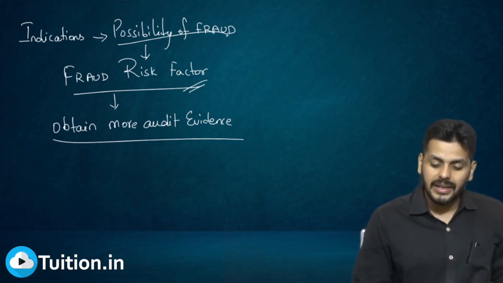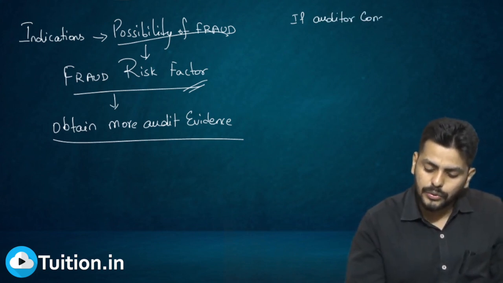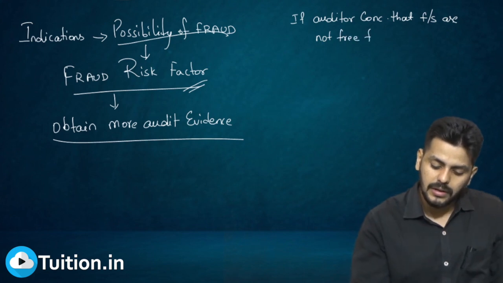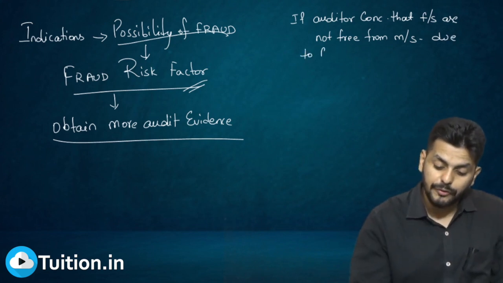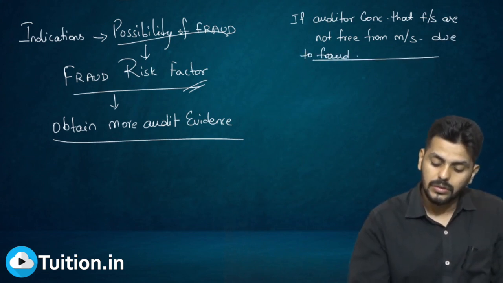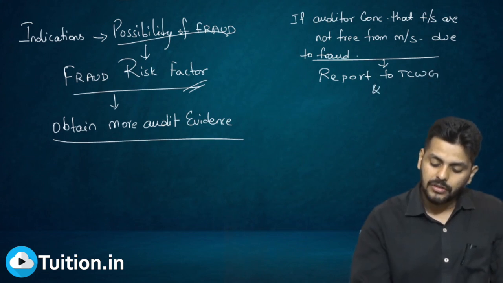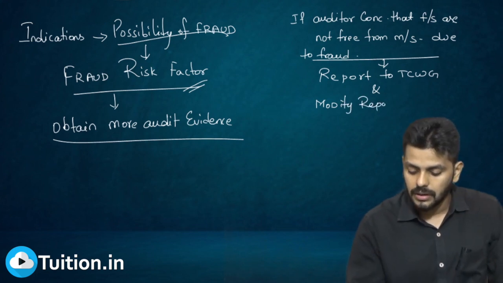But towards the end, if the auditor concludes that financial statements are not free from misstatement, that too due to fraud, obviously at this point of time you will report to management or TCWG, and based on the response, modify the report as per SA 705.